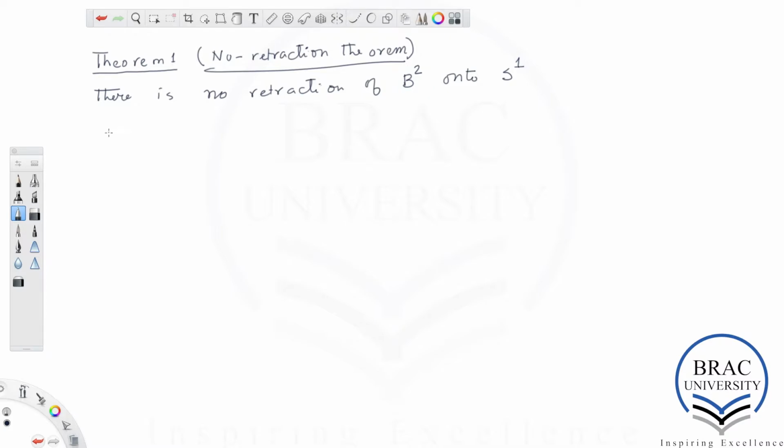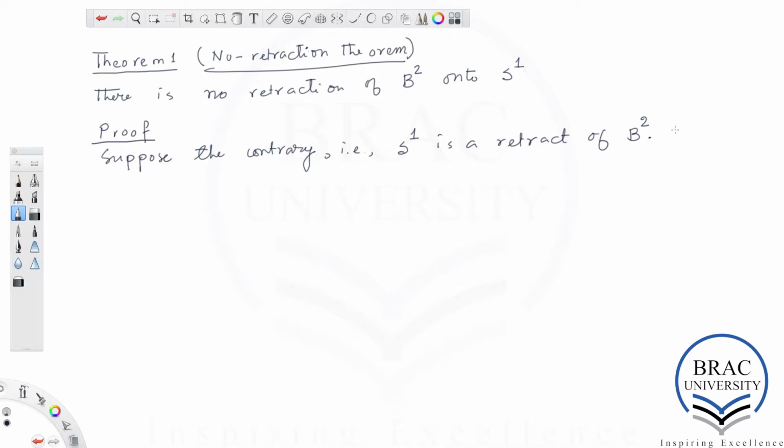This is what we need to prove. So the proof is simple. Suppose the contrary, we proceed by contradiction. That is, S1 is a retract of B2. Suppose that there is a retraction of B2 onto S1, which means that S1 is a retract of the unit ball in dimension 2.